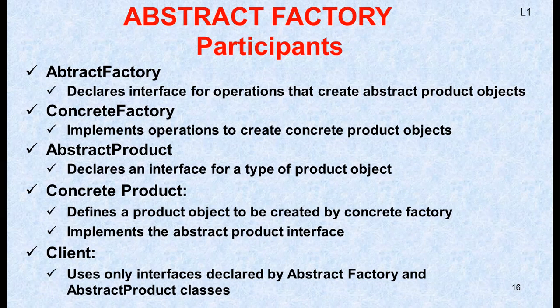The concrete product, here concrete Motif window or Motif scroll bar, defines the product object to be created by the corresponding concrete factory, and implements the abstract product interface. And the last participant, the client, uses only the interfaces declared by the abstract factory and abstract product classes.